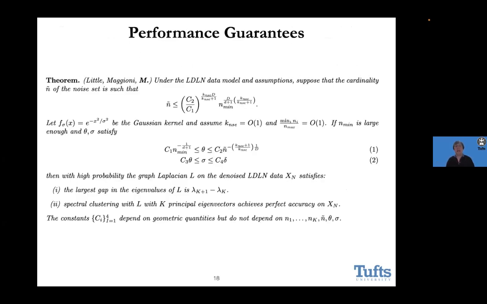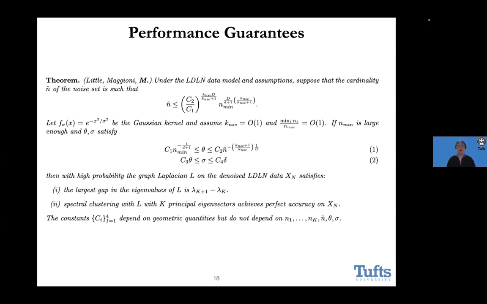So what can we say? We can say that as long as my number of noise points n tilde is not too big, that's the sort of main condition here, then if I run spectral clustering with the Gaussian kernel, essentially I can pick my parameters theta, which is the denoising parameter, and the scaling parameter sigma in the ranges specified by 1 and 2, so that I get what I want.